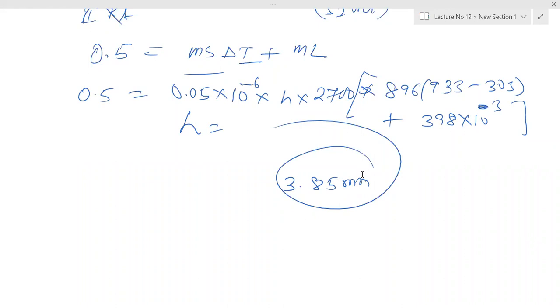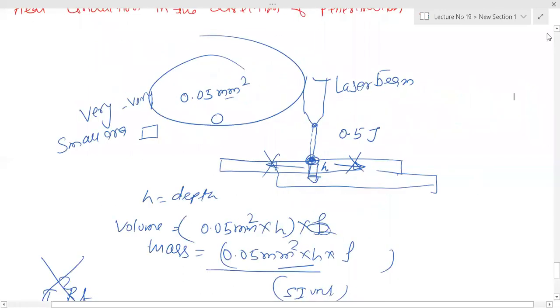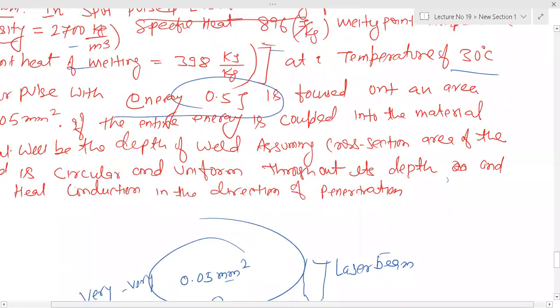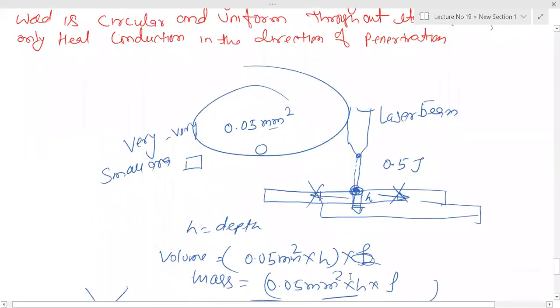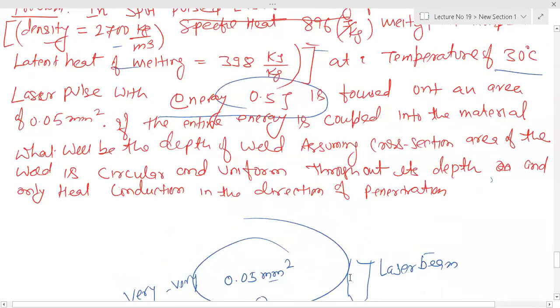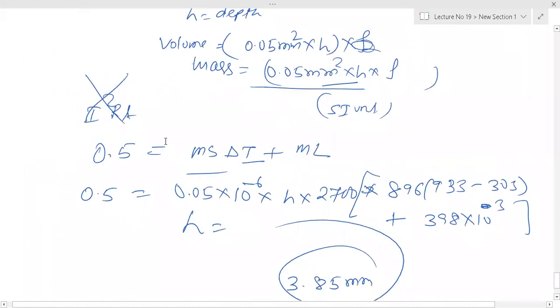Did you understand the pulse laser beam welding problem? Everybody got this problem? I am talking about this problem, and this is the solution. Don't make it big. It is a pulse energy, so energy is falling, and this energy will be utilized to melt the sheet.